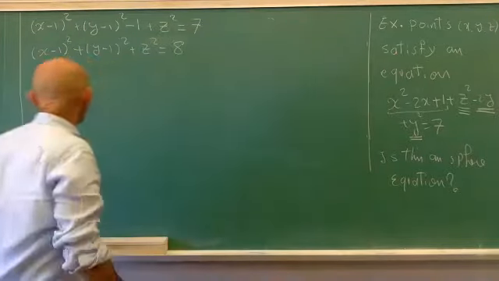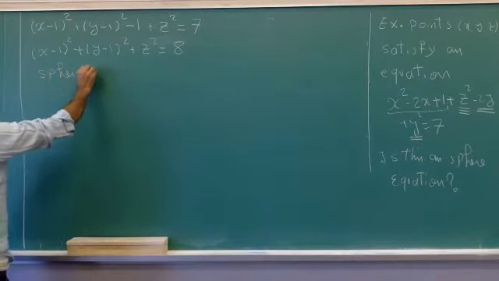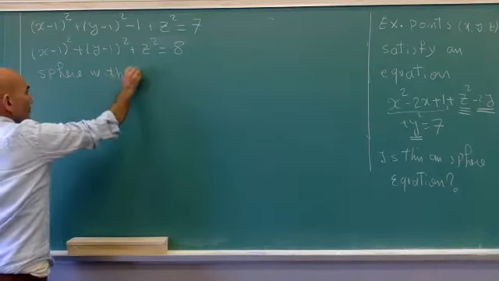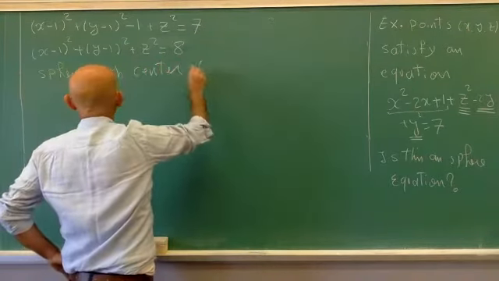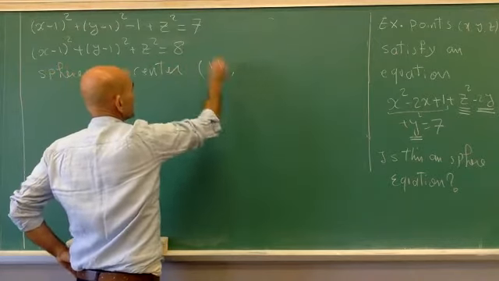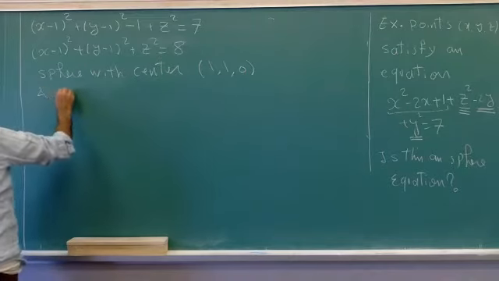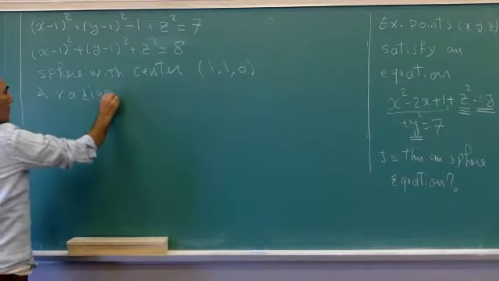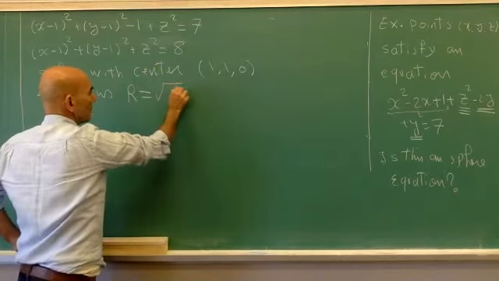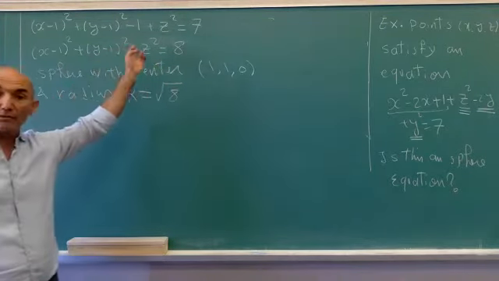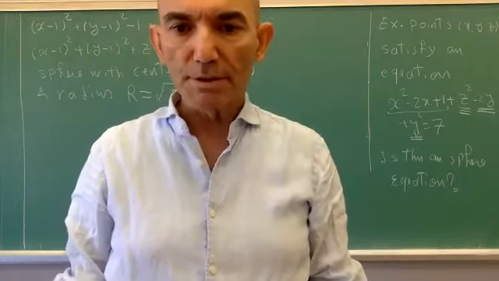So this is a sphere with center 1, 1, 0, and radius r equal to square root of 8, because if you write it in terms of quadratic terms, this is what it is.